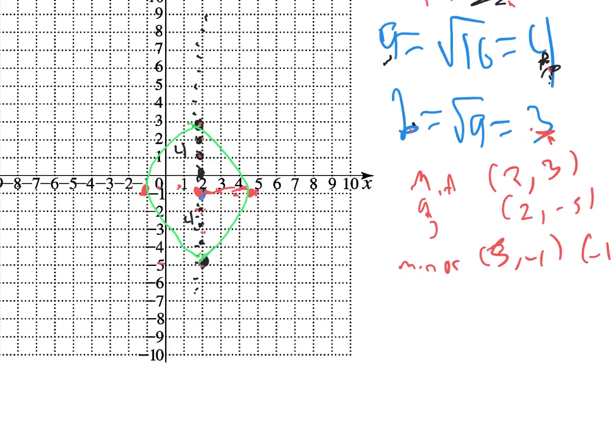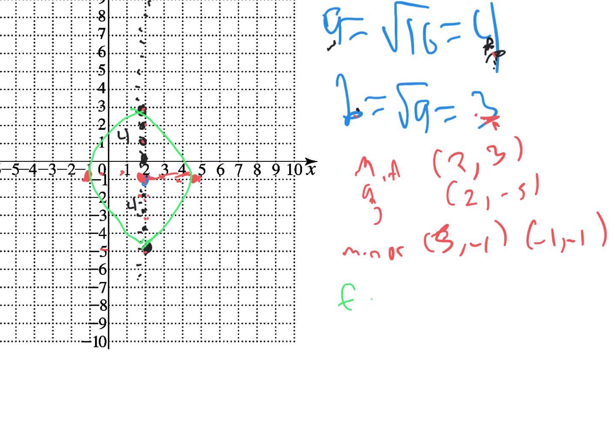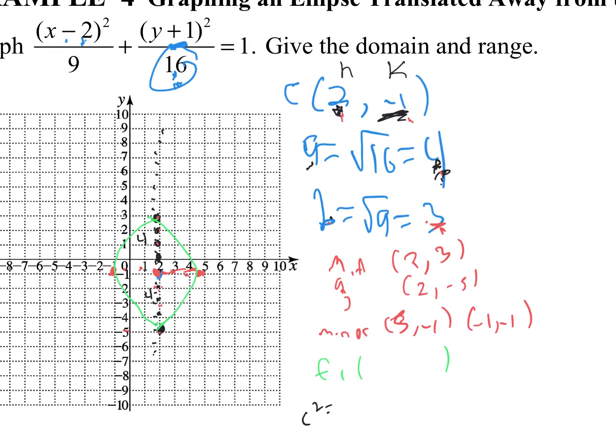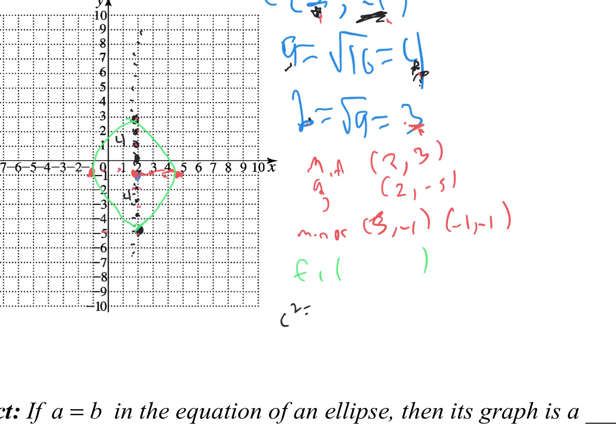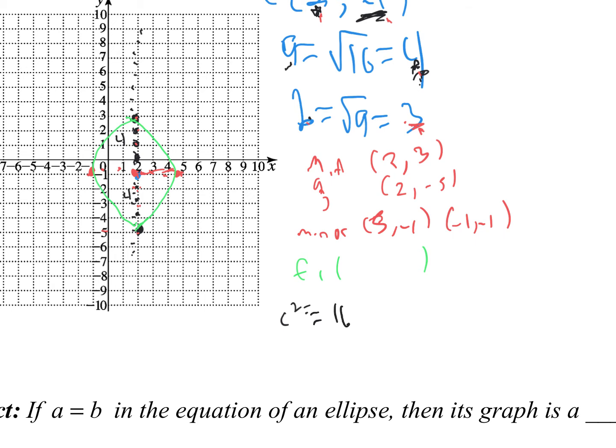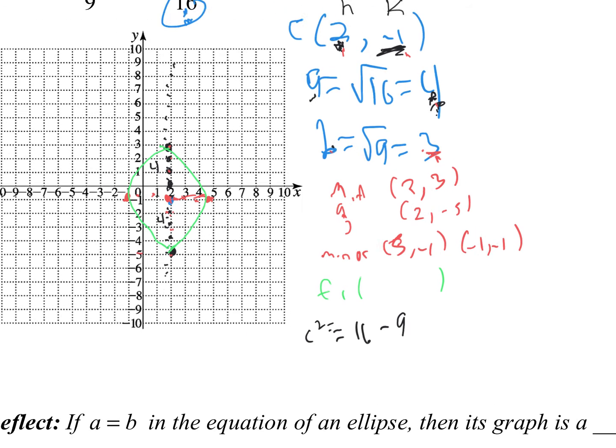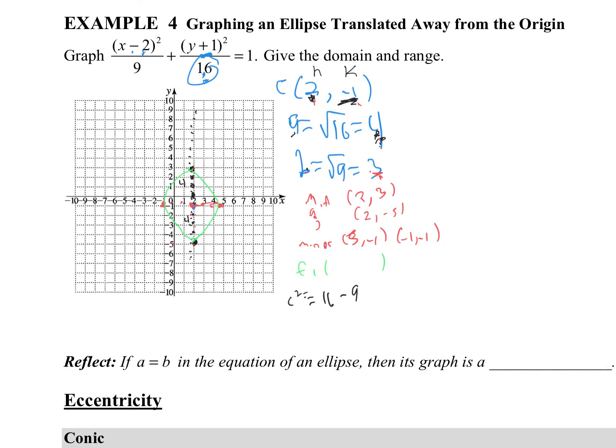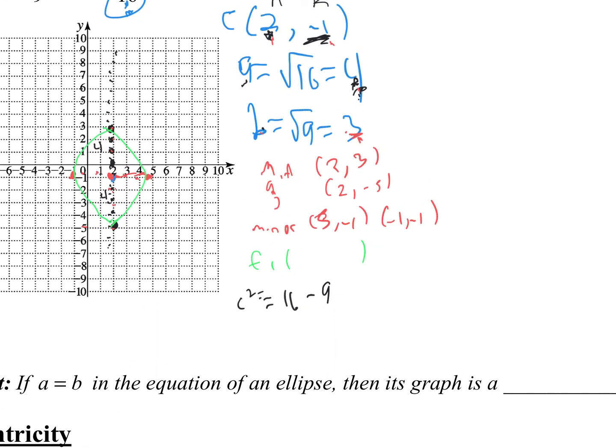Okay. Focal points. Focal point 1. I need C. So C squared must be equal to that big number, 16. So that's my A squared, minus my B squared, which was 9, wasn't it? 3 squared, yes. Big number minus a small number.